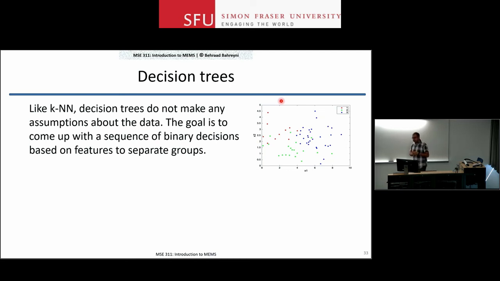This is basically an algorithm that tries to do the best classification based on one if condition, right? So it just looks at one of the features that you have in your data set, and tries to come up with the best threshold to split the data set into two.